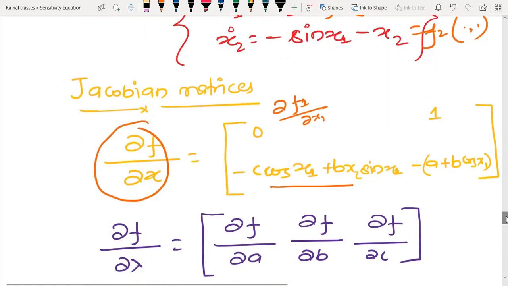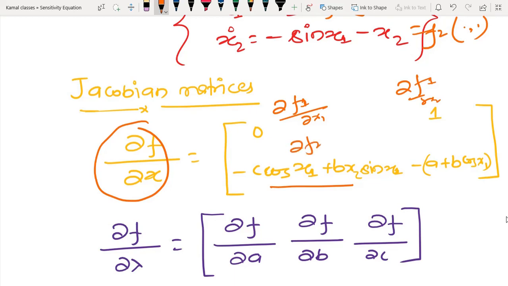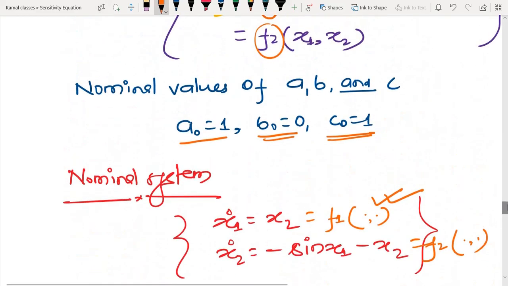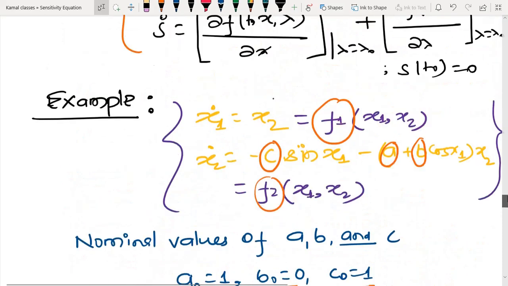You can write ∂f1/∂x2, and similarly ∂f2/∂x1 and ∂f2/∂x2. But please take this f1 and f2 not from here, take them from the original equation.